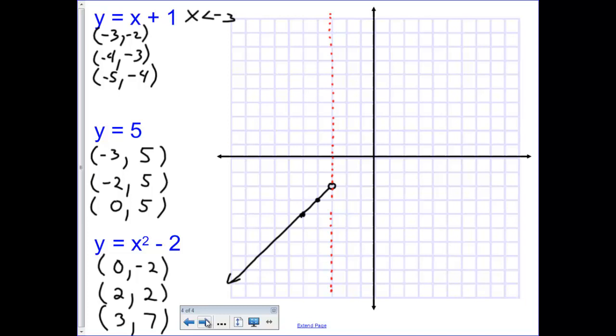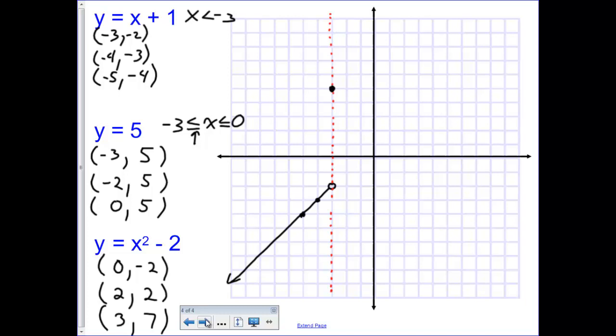The second one has a -3 and a 5, so over 3 and up 5. I am going to close the dot because remember -3 is less than or equal to x, which is less than or equal to 0. Because of the equal to signs, that dot is actually part of my graph.